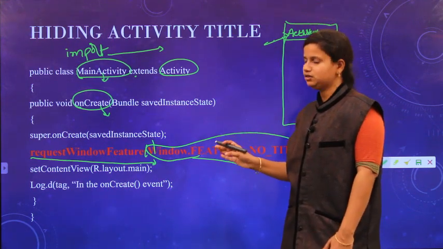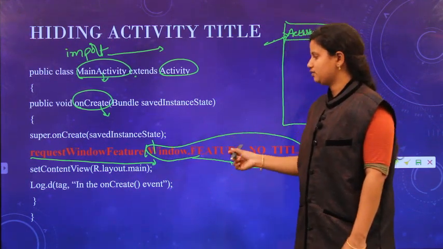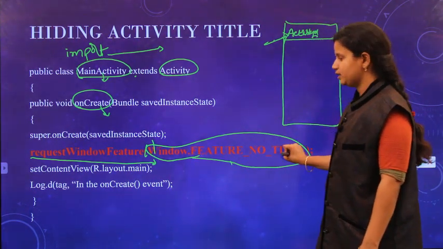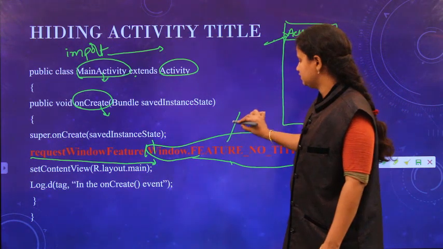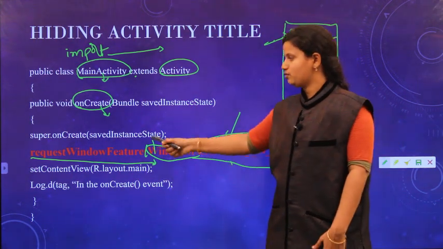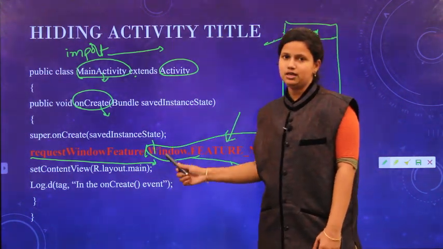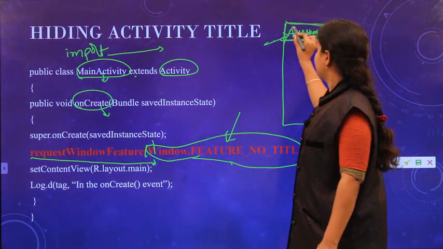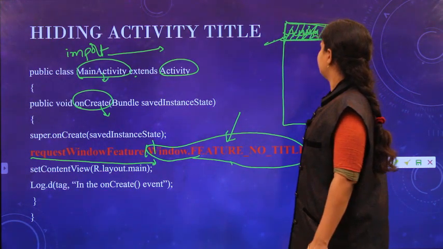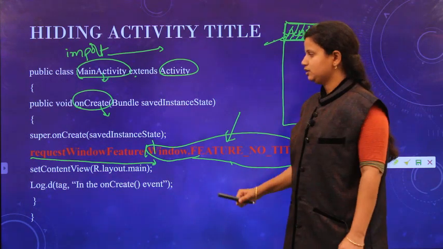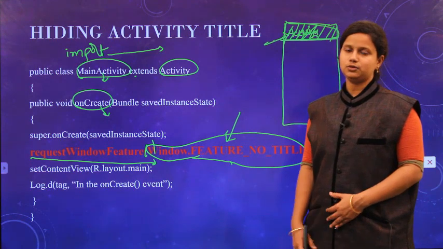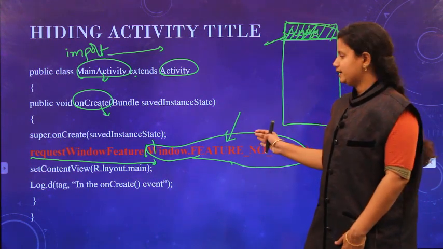When you pass this value to requestWindowFeature, it will hide the title presented in your activity.